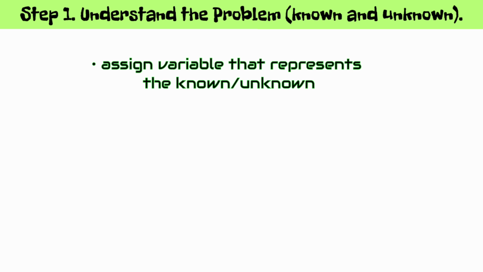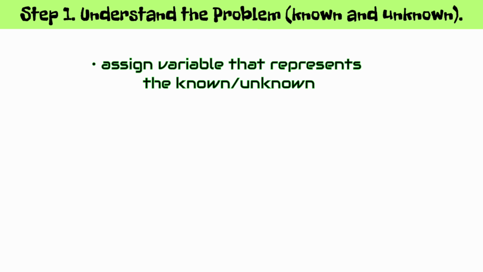Understand the problem. So you're going to find here the known and the unknown, because if you are unclear as to what needs to be solved, then you are probably going to get wrong results. Also, this is where you will be assigning your variable.